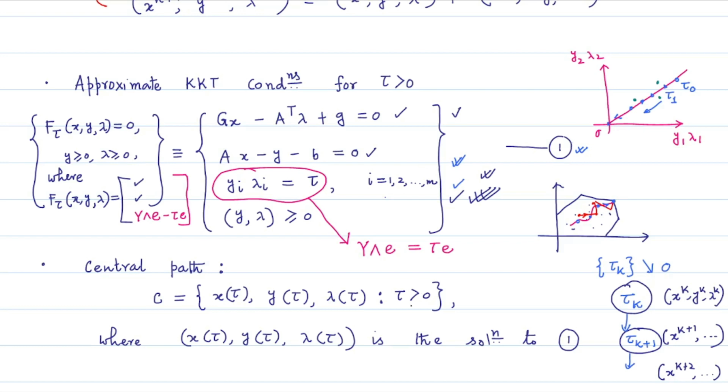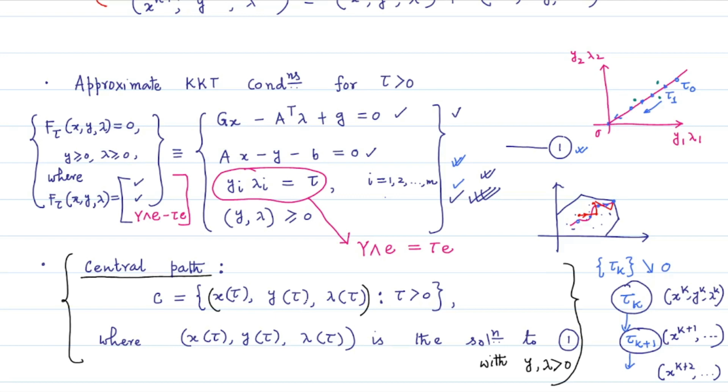And to be more correct, this x tau, y tau, lambda tau should be a solution to 1 with y, lambda greater than 0, as these points are to be feasible points. So this is the definition of the central path.